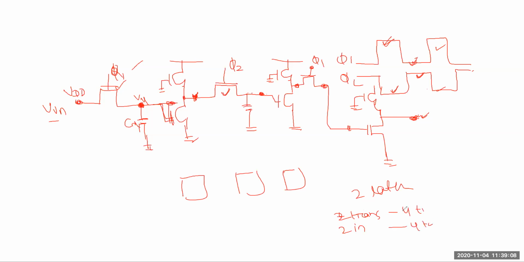That is one latch, and another latch has another 8 transistors, total 16 transistors. But here, for one block, this is 1 transistor and this is 2 transistors, so you can use 3 transistors instead of 16.